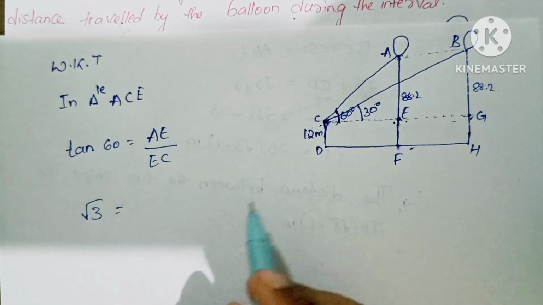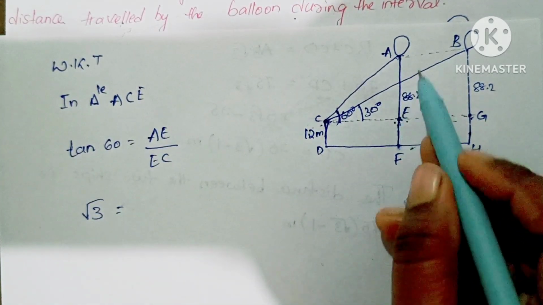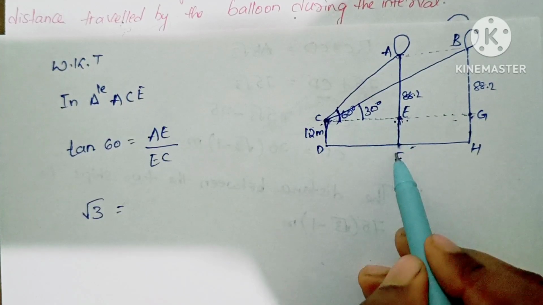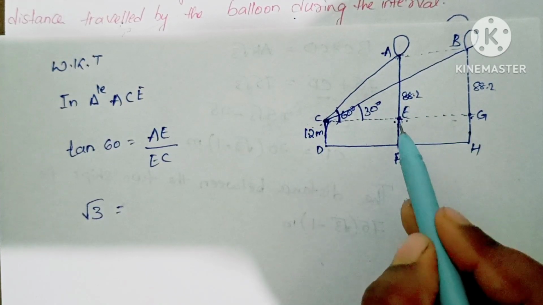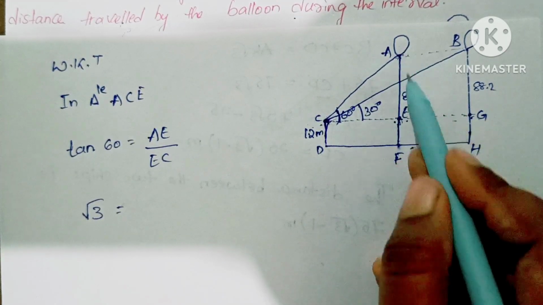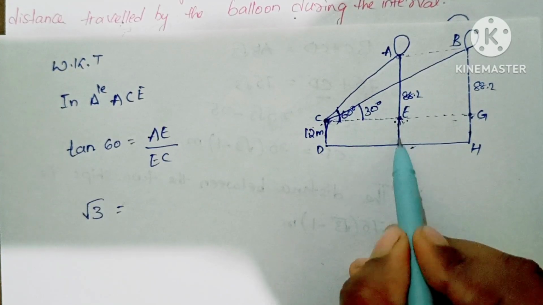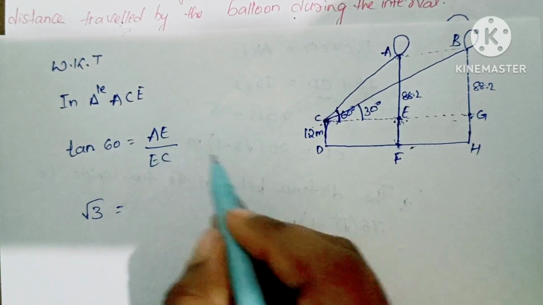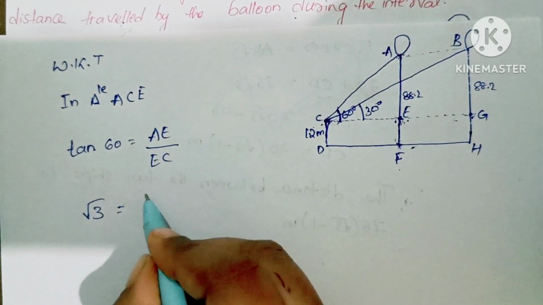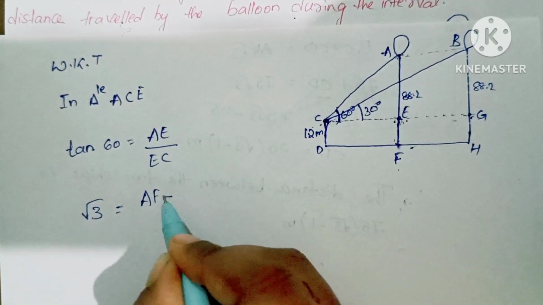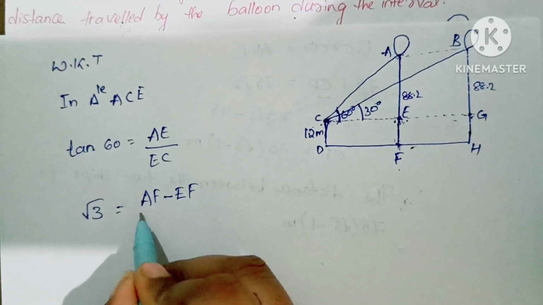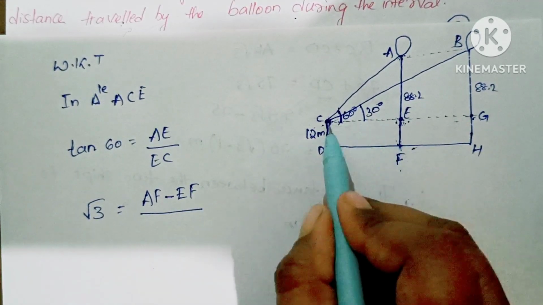We know AF, but we don't know AE. But you know EF, right? From AF, if you subtract EF, you will get AE. EF is nothing but the height of the tall gun. So AE means AF minus EF, by EC.